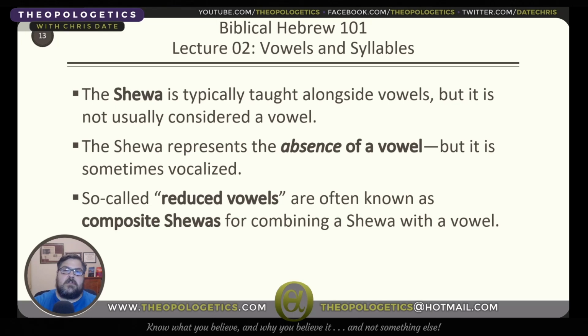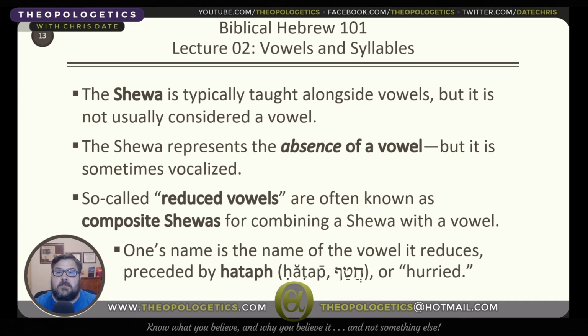Now, you will also encounter in your grammar what it's calling reduced vowels. This is how some other grammars refer to them as well. But other grammars refer to these as composite shavas, because as you will see, they combine a vowel marking with a shava to make a composite shava vowel.